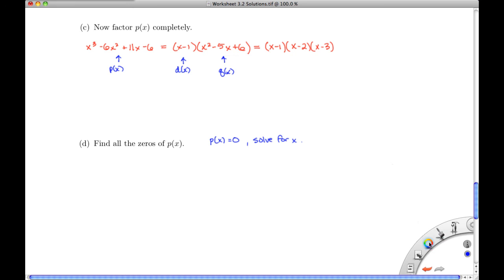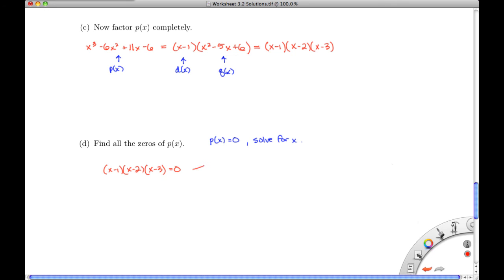However we want to think about it, we can go back to this one and say via the zero product property, if we know that x minus 1 times x minus 2 times x minus 3 is equal to 0, one of these factors has to be 0. That's the only way that this would work out.